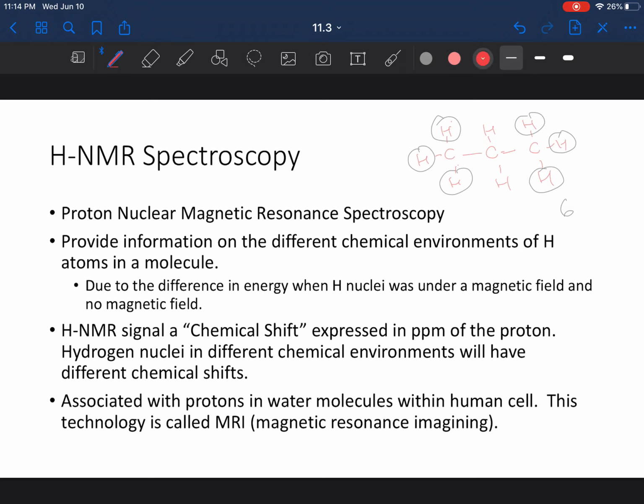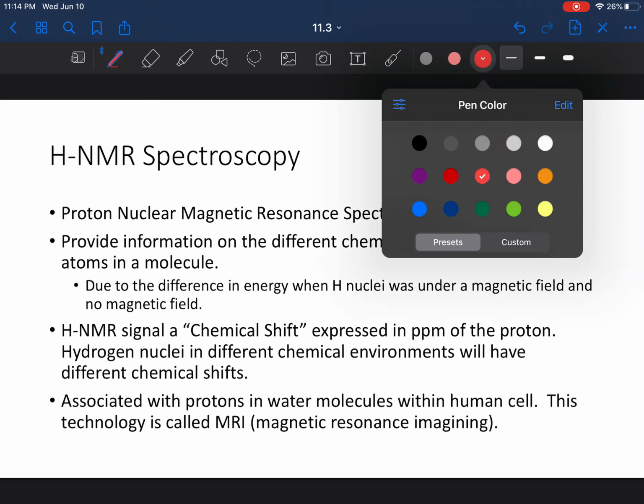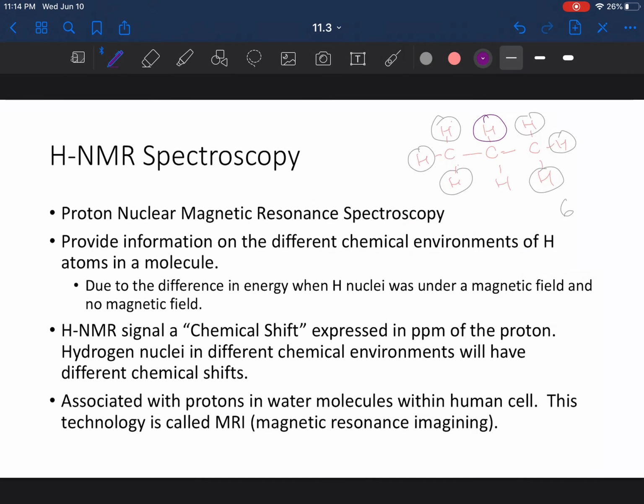And then there is this guy. There's a reason, of course, I put that in a different color. If you look at this hydrogen, it is connected to this carbon that is connected to 1 hydrogen and 2 other carbons. Oh, this is actually a different environment. This one will be the same as this environment, so these two are the same, but these two are different from these 6.